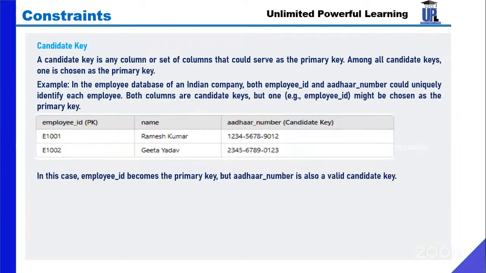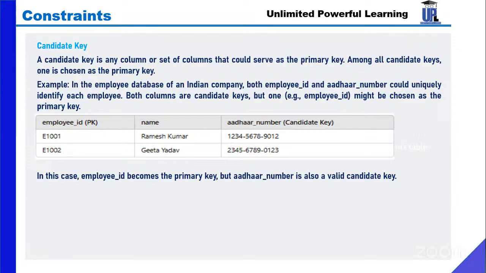Similarly, another key we are talking about is a candidate key. For example, if you look at this table, here employee ID is a primary key. Name is not unique, leave it. But Aadhaar number is unique. In India, Aadhaar number is unique, because, for example, if you go to the US, SSN or social security number may be unique.